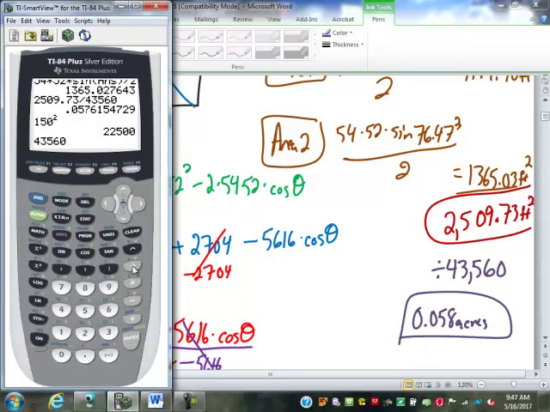Take 43,560 divided by 2, gives you 21,780 square feet. You square root that. It's technically 147 feet 7 inches per side. That's for a square lot.